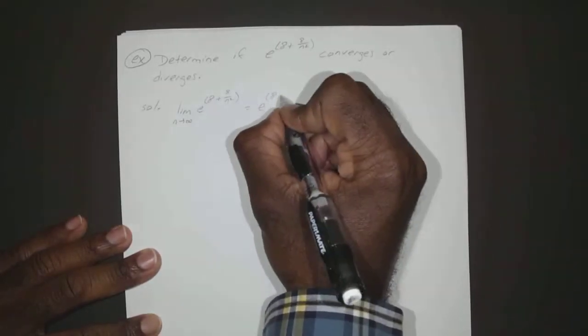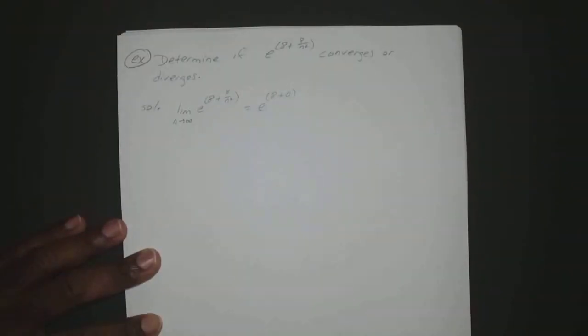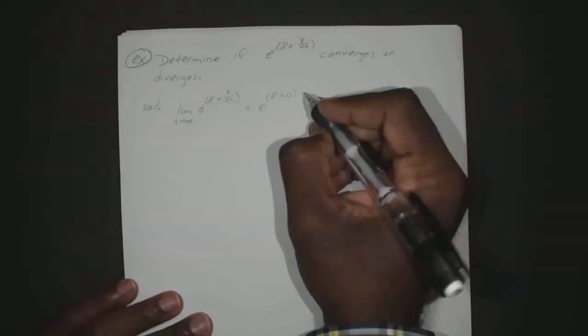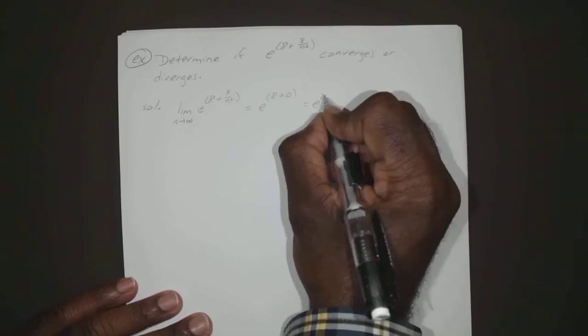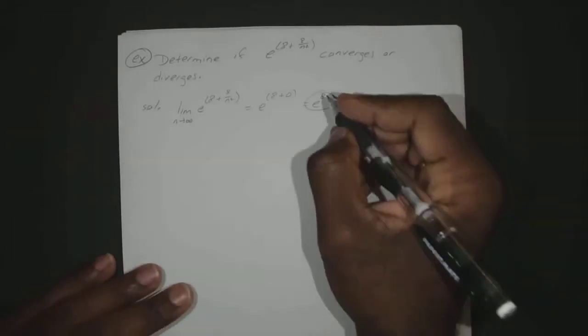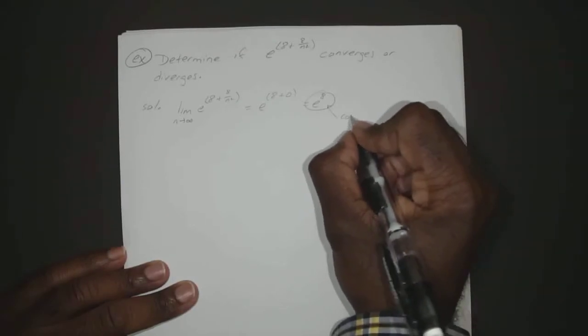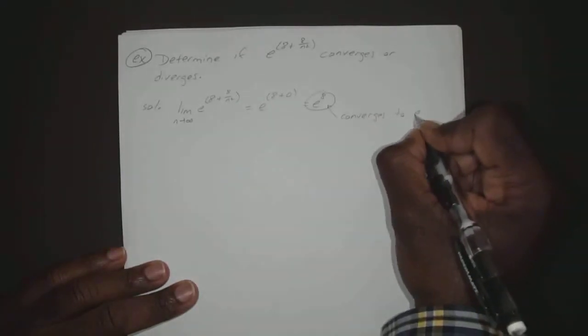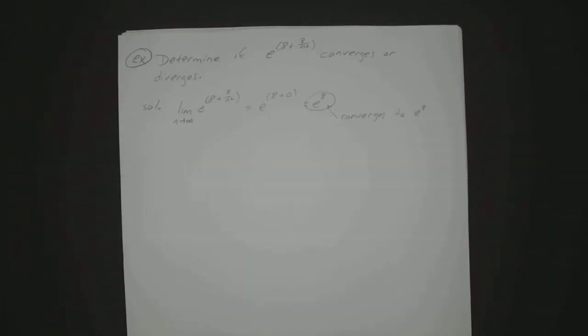So it's actually e to the 8 plus 0 power, which is just e to the 8. So we know that this converges, whatever e to the 8th power might be.